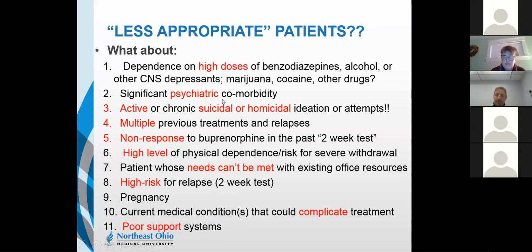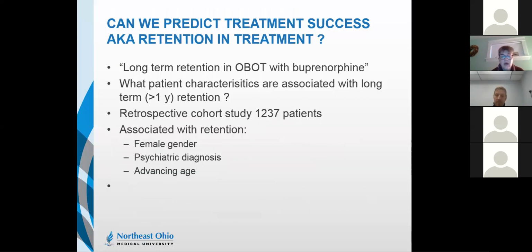I don't know about universally, but there's data that would suggest that this idea of patients having a great supportive family and environmental system often is not realized initially when people come into treatment.